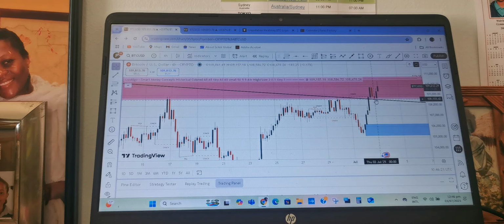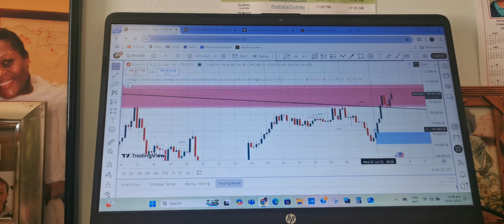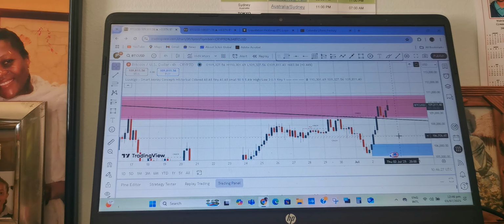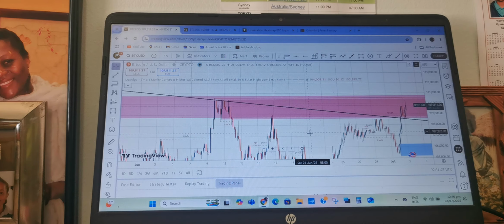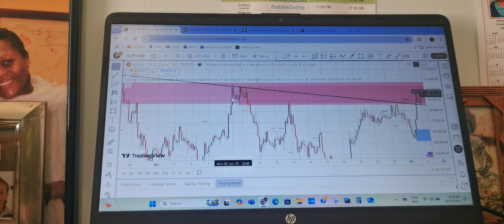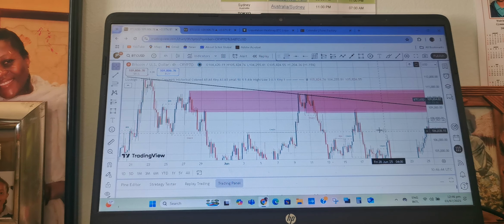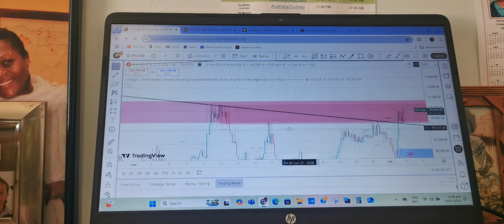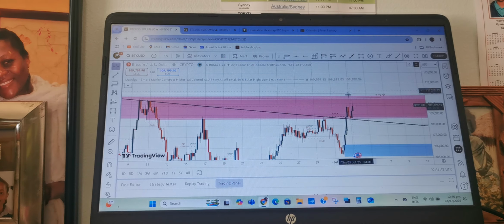We went and retested the trend line, and now here we are. I'm not saying the likelihood of it coming back inside is not there, but if you follow technical analysis, we have broken out, retested, and are going up again. Obviously, we have this zone against us at the moment. We are playing in that zone, and we'll see how the market goes.